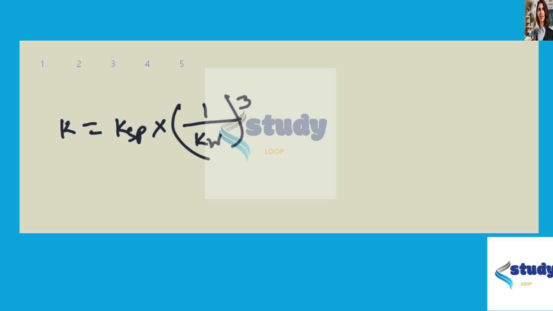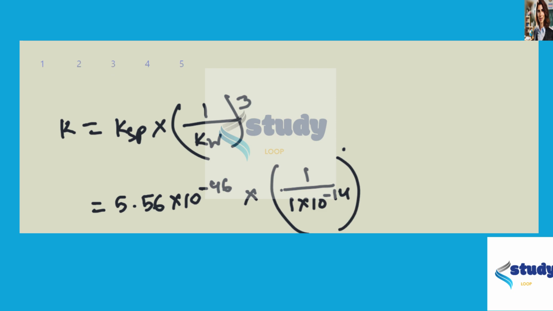If we do the calculations, 5.5 times 10 to the power minus 46 times 1 over (1 times 10 to the power minus 14) whole cube, the result will be 5.5 times 10 to the power minus 4. So this is the equilibrium constant for the dissolution of AuOH3 in nitric acid.